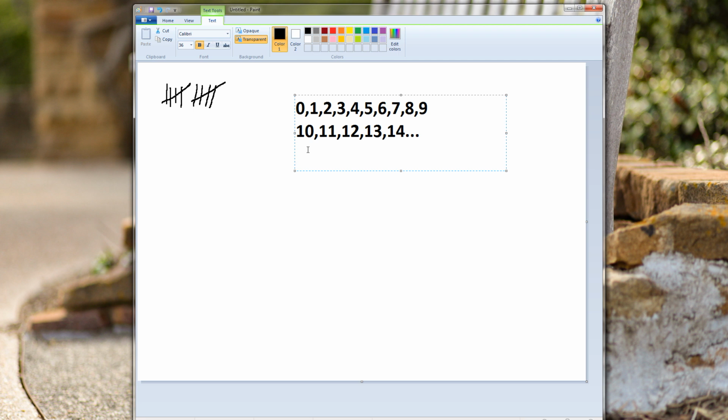So our second digit right here, the furthest digit on the left, tells us which group of 10 we're in. Technically, the number 1 over here tells us that we're in our second group of 10. And in our 20s, we're in our third group of 10, all the way up till we hit 99, and then we get to the number 100. And 100 tells us that we have 10 groups of 10 numbers, and we're starting our 11th group.